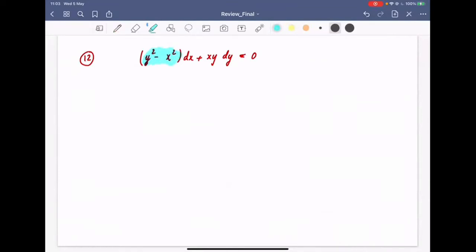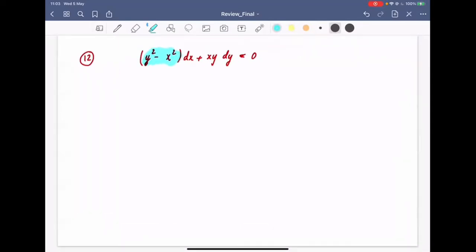In terms of y squared and x squared, you cannot separate it into the product of a function of x and a function of y. So at the end, this is not a separable equation.